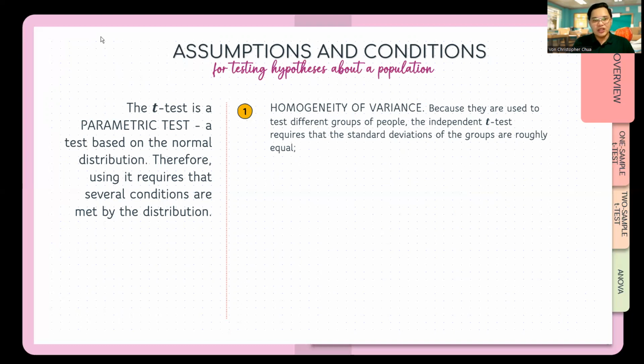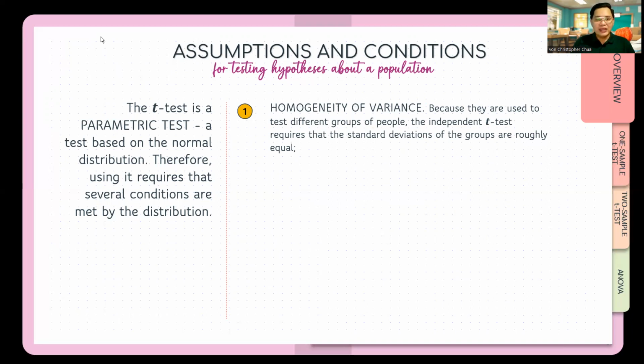So the first condition is what we call the homogeneity of variance. Because they are used to test different groups of people, the independent t-test requires that the standard deviations of the groups are roughly equal. In some other textbooks, they make use of the terms homoscedasticity and heteroscedasticity, which means that whenever we want to employ the t-test for independent samples, we want to make sure that the variance or the standard deviation of one group is not significantly different from the variance or the standard deviation of the other group.